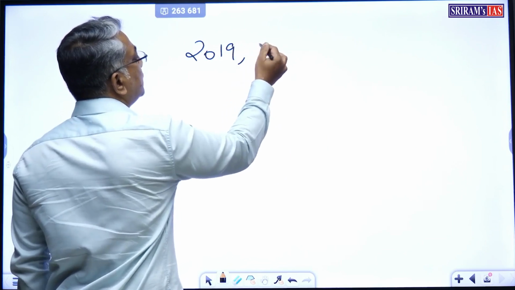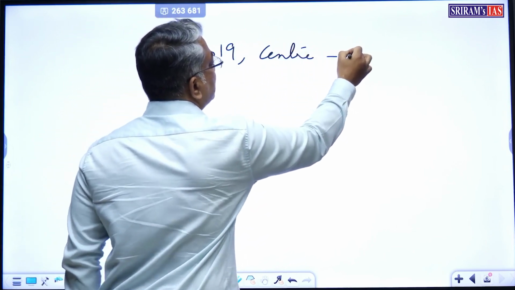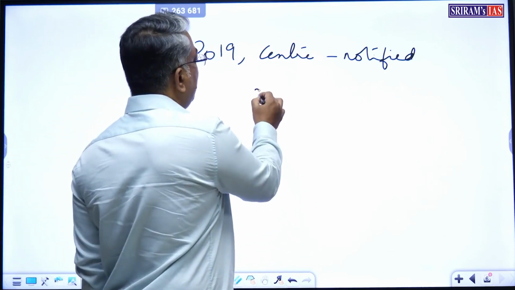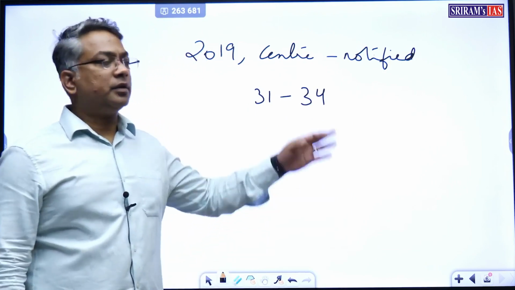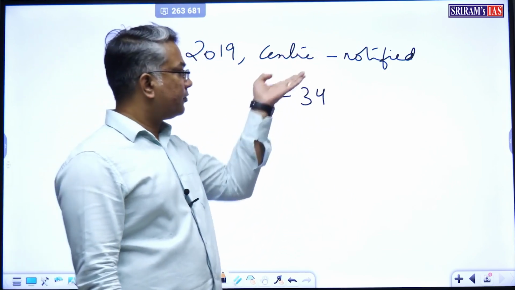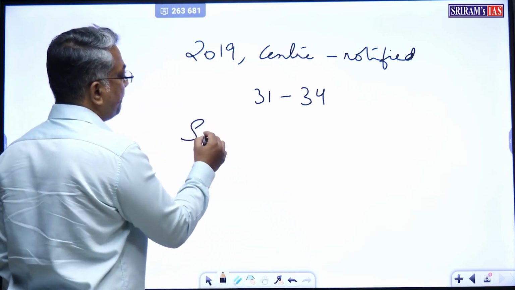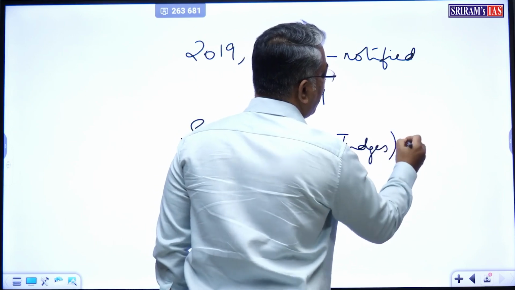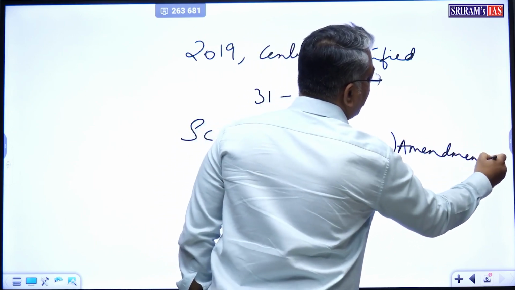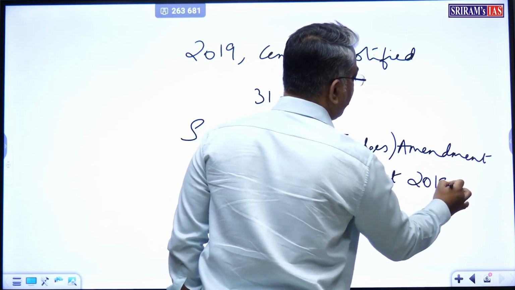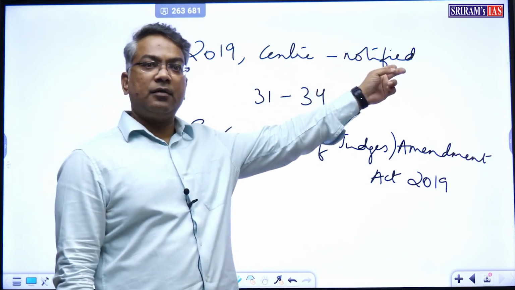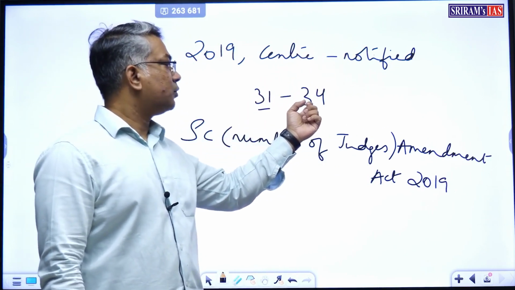In the year 2019, the Center notified the increase in the number of judges of the Supreme Court from 31 to 34.